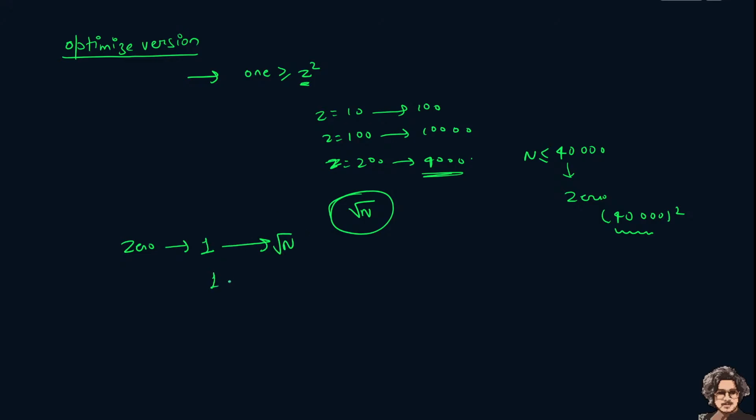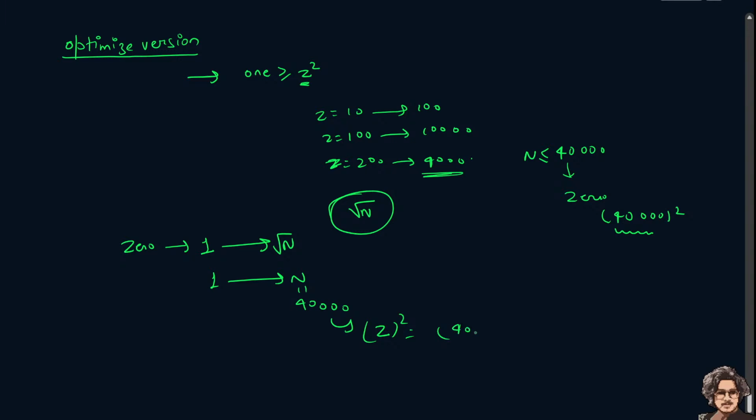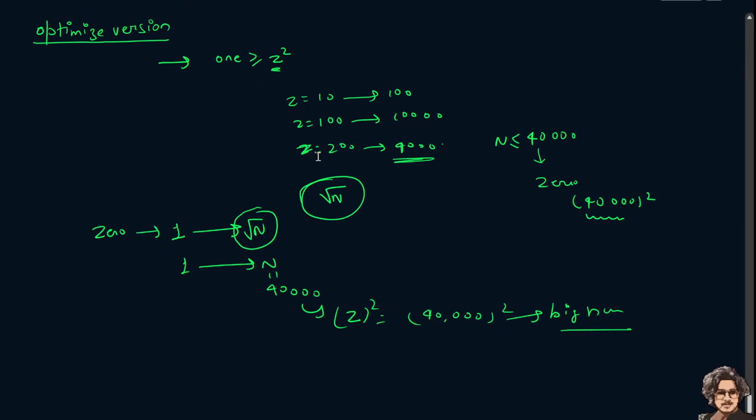Why not n? If n is equal to 40,000, we can't do zeros squared, 40,000 squared is a very big number, so it can't handle that. So we have to reduce the search space from 1 to root of n. This is the core thinking for this question.